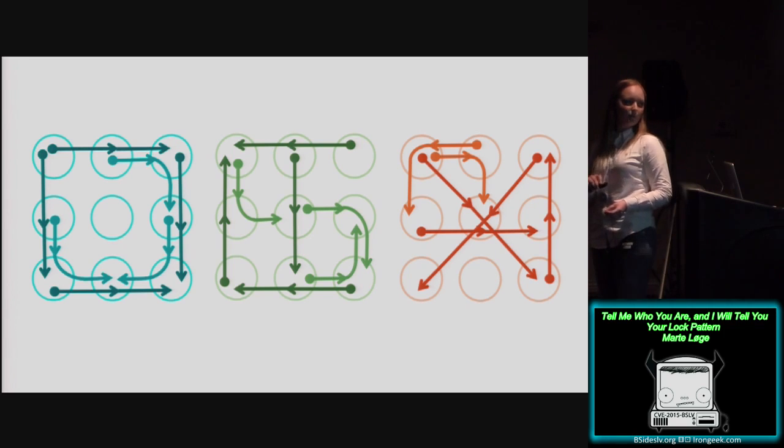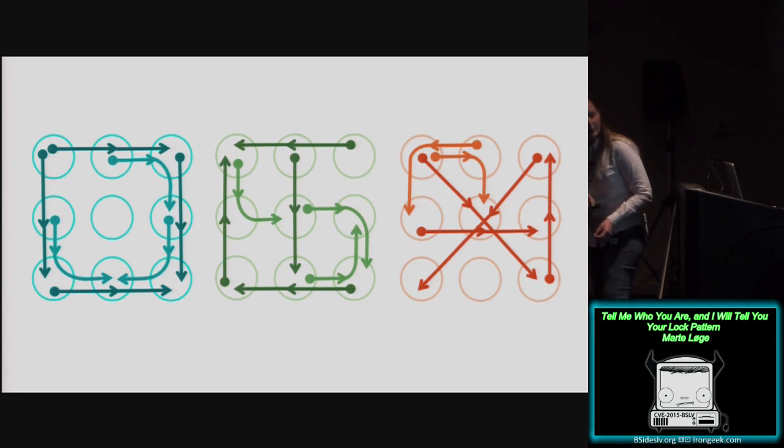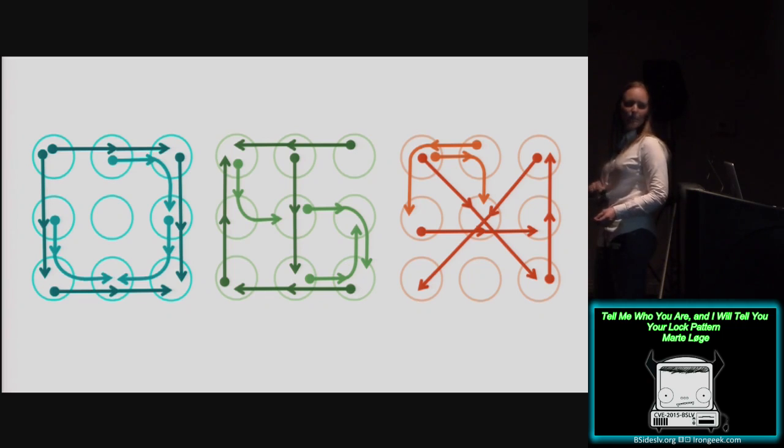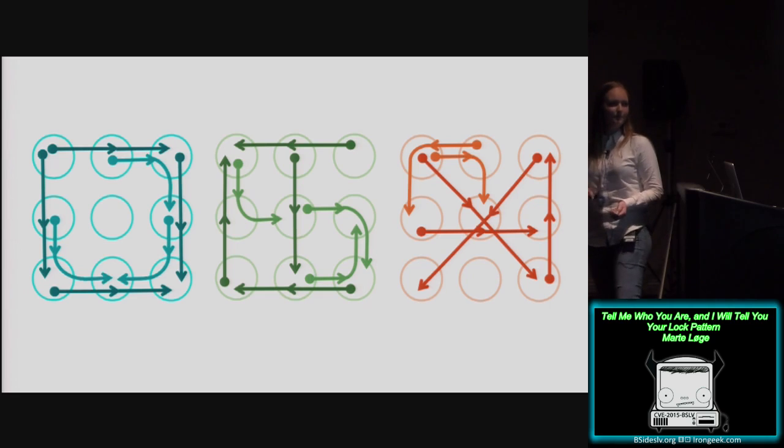When you start here, you'll probably go this way or this way. So all of these move next to the grid as well, keeping to the edges. People stayed away from the diagonal. All of these are common, this one the most, and then these, and then these.